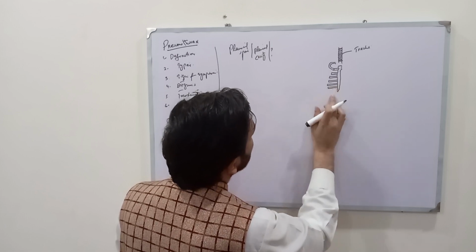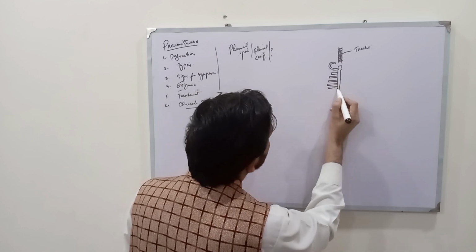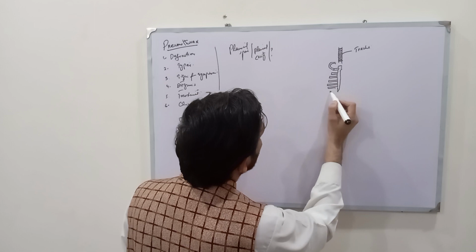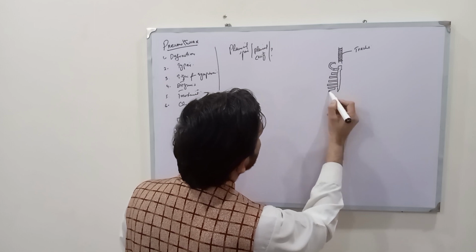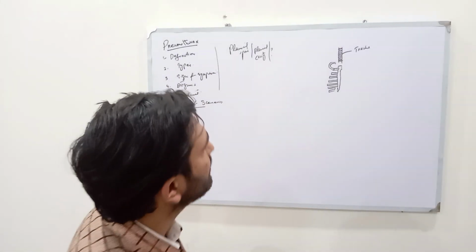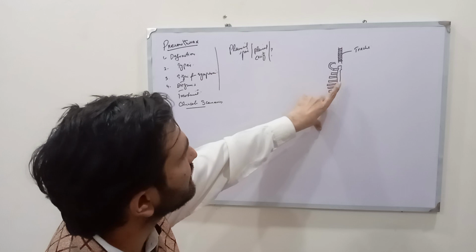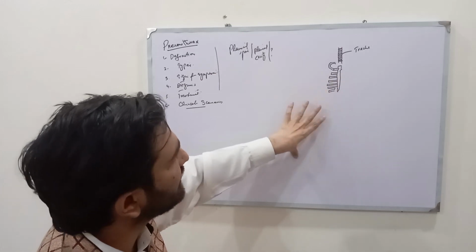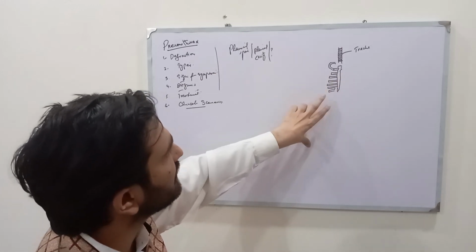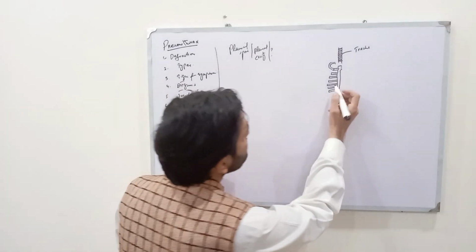Actually, 6 and 7 ribs are fused together. And you know, the first 7 ribs are true ribs because they directly attach to the sternum, but 8, 9, and 10 are false ribs because they are not directly attached to the sternum.